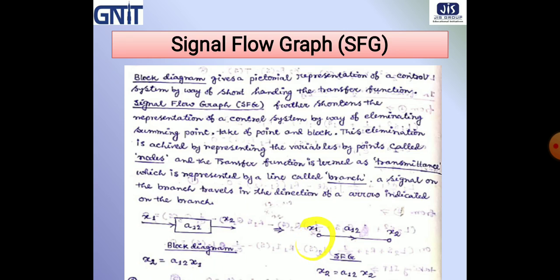Here x1 and x2 are represented as a node, a small circle, and the transfer function of this block diagram is represented by a small arrow going from input to output, and this transfer function is here called a transmittance.